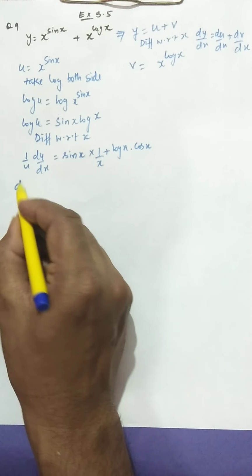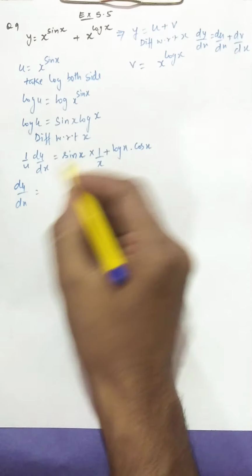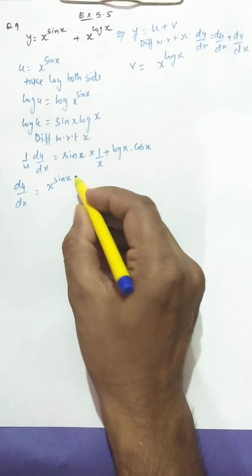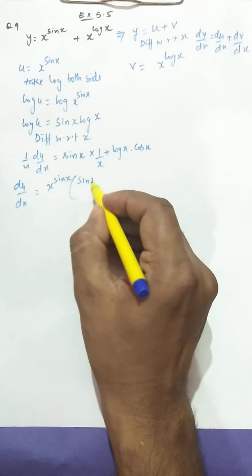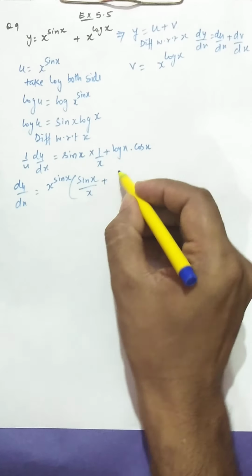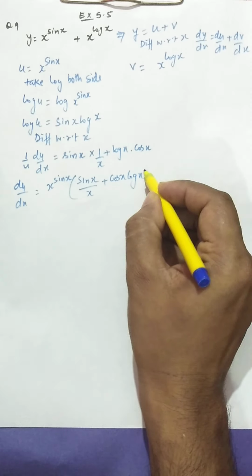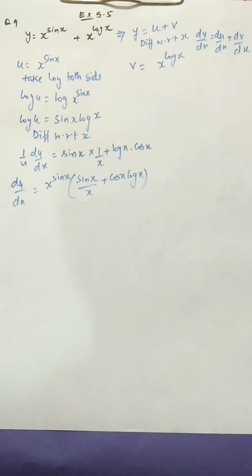So now from here du upon dx will be, u will get cross multiplied. u is your x sin x, and here you are getting sin x upon x plus cos x log x. So this is the value of du upon dx.